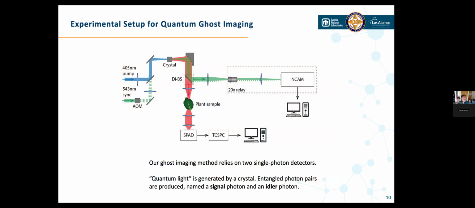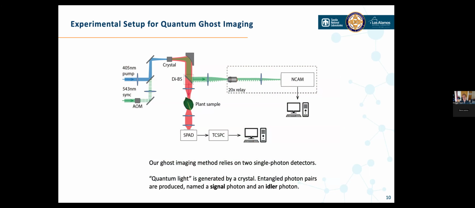So a little schematic of really what it looks like experimentally. This is a little trimmed down, but essentially we have a nonlinear crystal that generates this kind of special quantum light, these entangled photons. And then we split them. One photon goes to an imaging detector. I'm calling this NCAM.